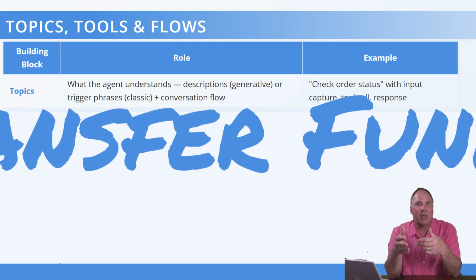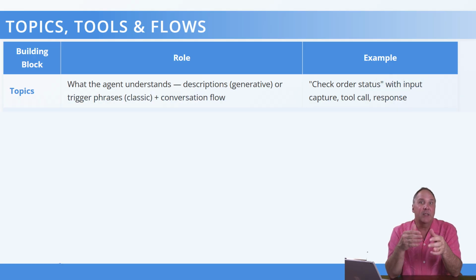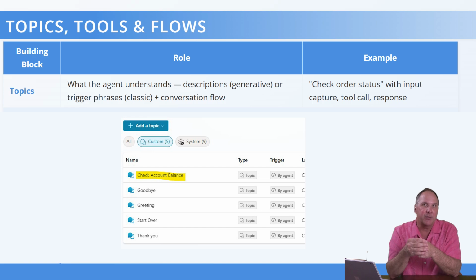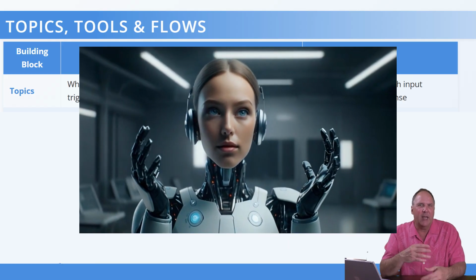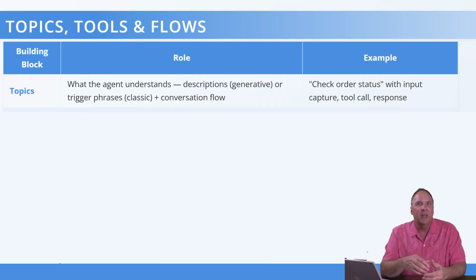Each one is a separate topic because each one is a different conversation with different steps. We'll keep our topics very focused. One topic, one job. If you try to cram account balance and account history and account settings into a single topic, you'll get kind of an untestable mess.